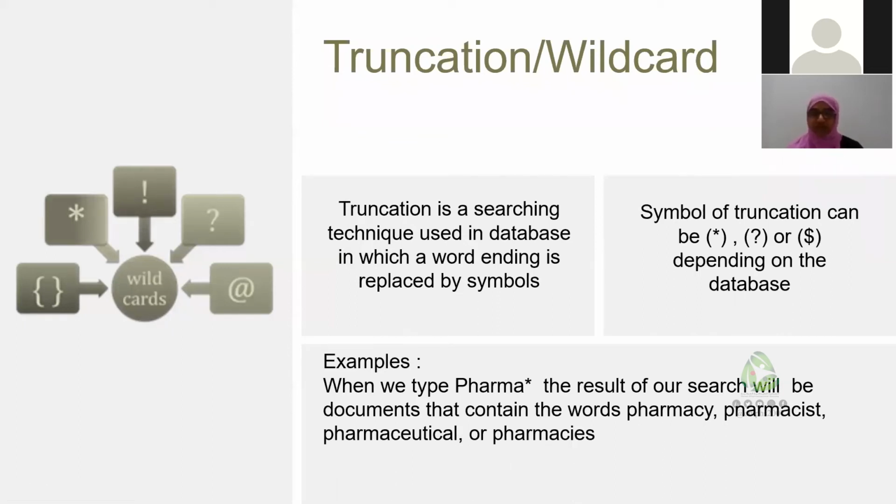So it will capture everything. So these are one of the techniques. Rather than writing all these words and doing many searches, you can just use a truncation wildcard to search everything by writing just the first bit of the word and then the appropriate symbol according to the database.